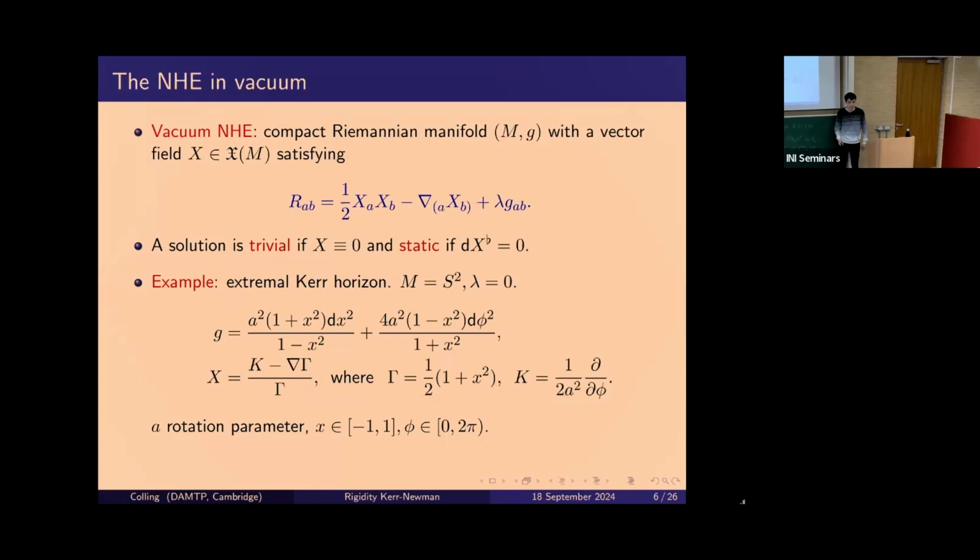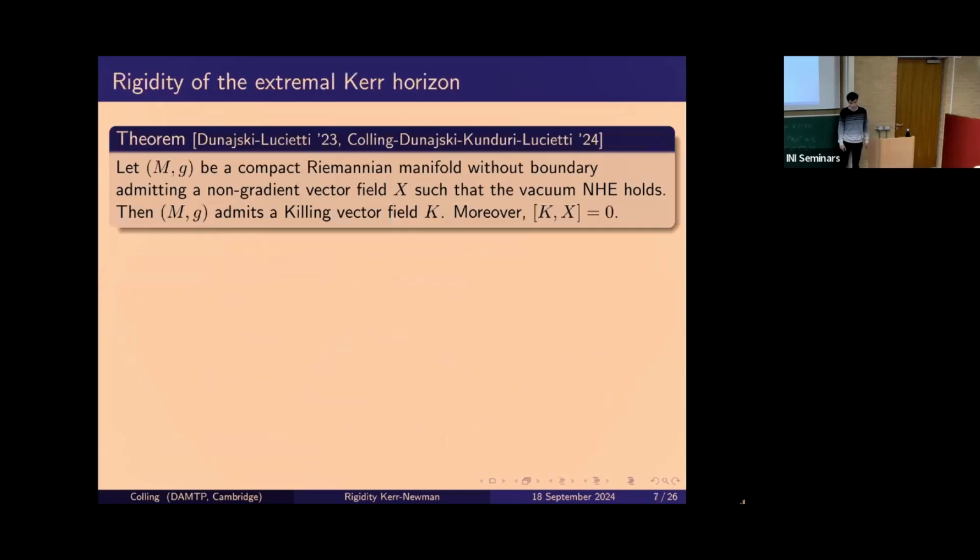And for a long time, there was the question of whether there are other solutions in 2 dimensions to this equation or not. And recently there was a breakthrough which was solved by James and Maciek using the following theorem, which says that if we have a solution on a compact manifold and this vector field X is non-gradient, then there must be a Killing vector, and the Killing vector preserves X. So this last part of the statement was proven in the general case in the appendix of the second paper.